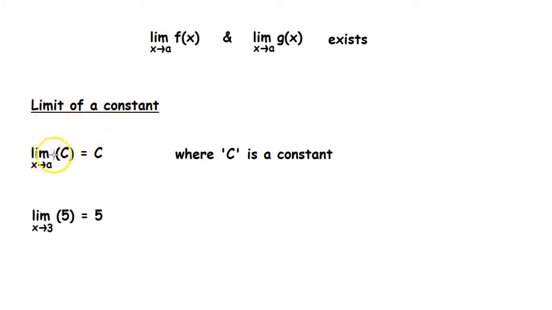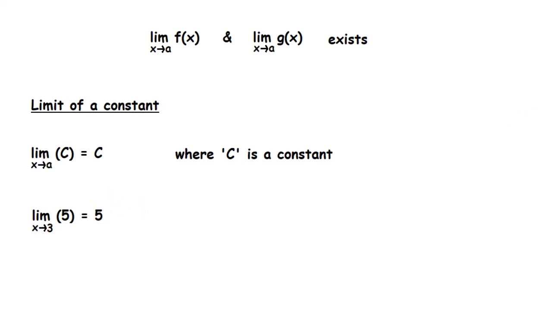The limit of any constant is equal to the value of the constant. For example, the limit of 5 when x tends to 3 is equal to 5. Since we have no x variable in the function, we don't mind the value of where x tends to. So the answer will be the value of the constant.